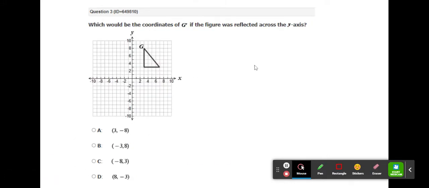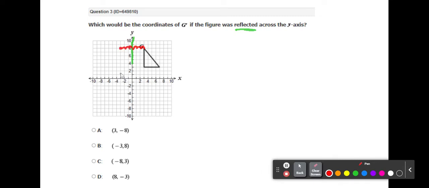Question 3. Which would be the coordinate of G if the figure was reflected across the Y? There's my highlighting the Y. I am 1, 2, 3 spaces away from the Y. So I'm going to go 1, 2, 3 spaces on this side.